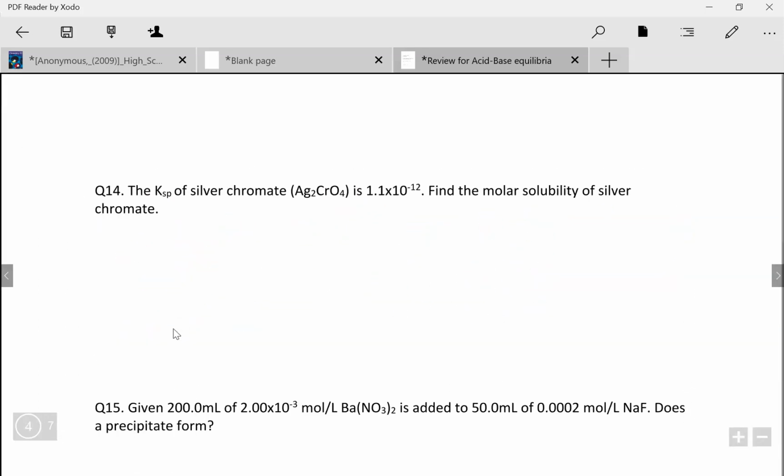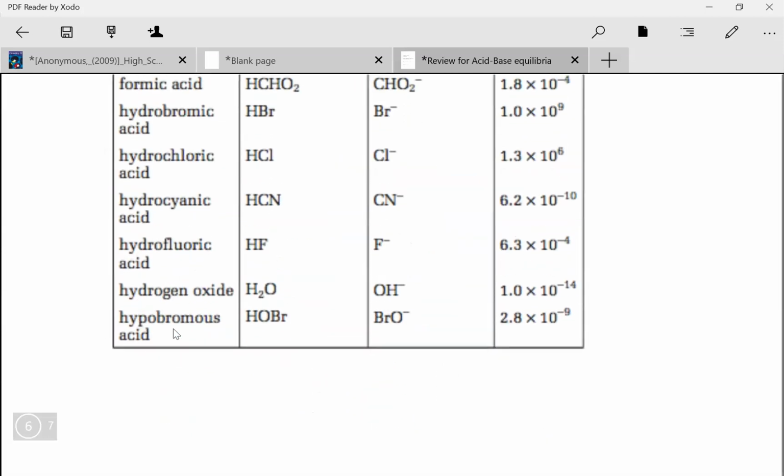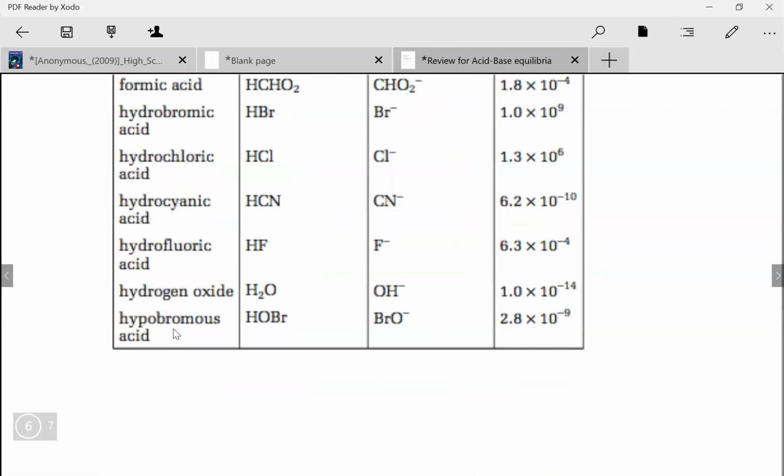So CH3NH2. This is acids, bases. CH3NH2, 4.6 times 10 to the power negative 4.